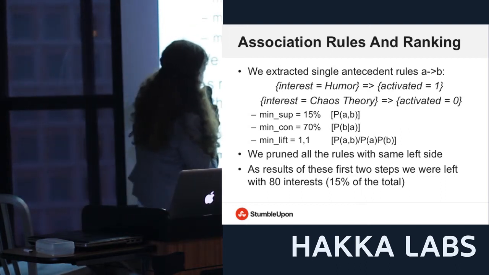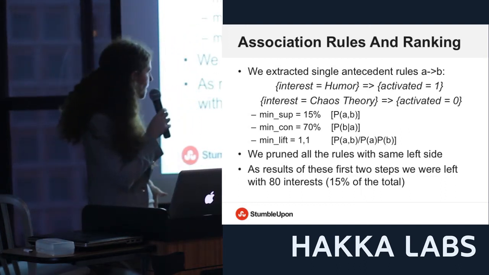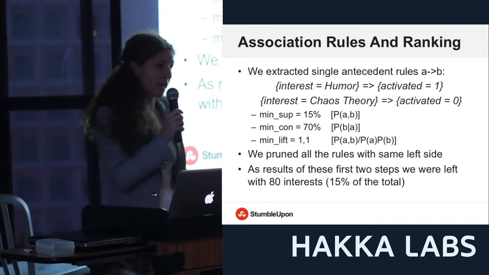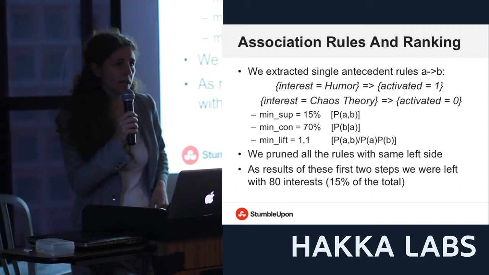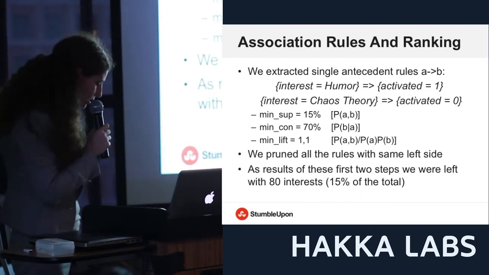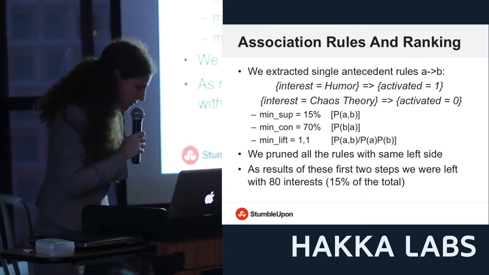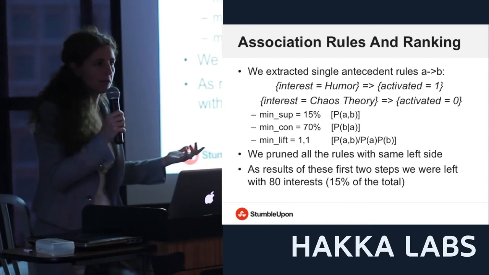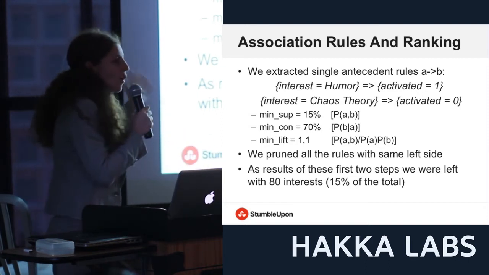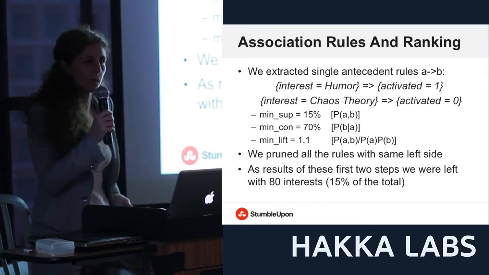And as a result of these first two steps, we were left with 80 interests that are actually 15% of the total interests that we have. So one natural question would be, maybe this is because users actually select only these 80 interests on mobile.